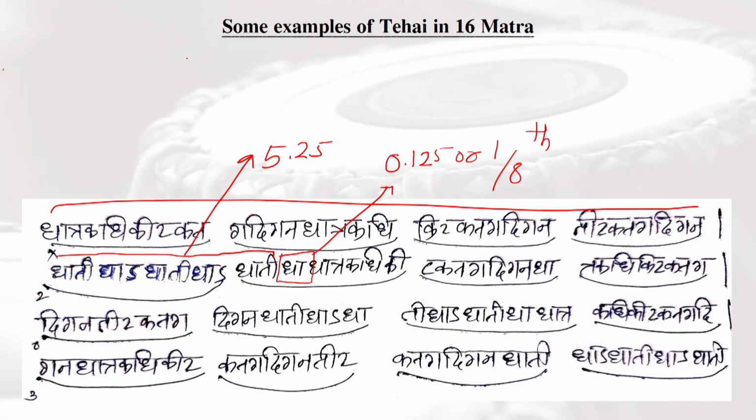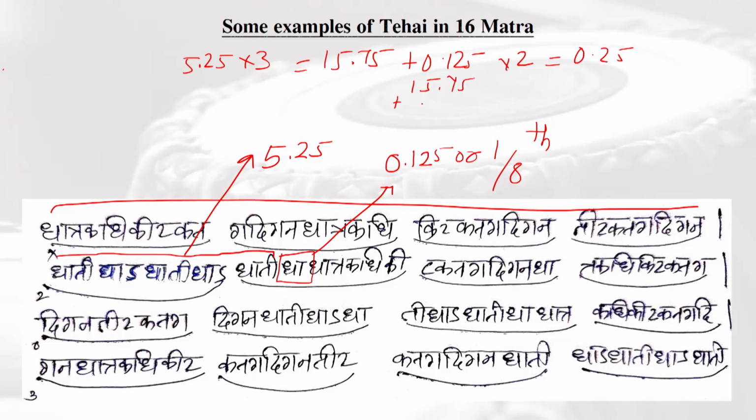So the total calculation for this Tehai becomes 5.25 into 3, that is 15.75, plus 0.125 into 2, that becomes 0.25. So 15.75 plus 0.25 becomes 16. So let's recite it now.